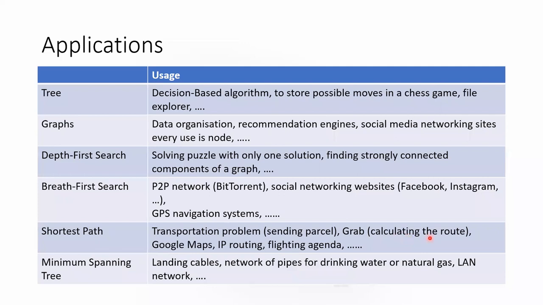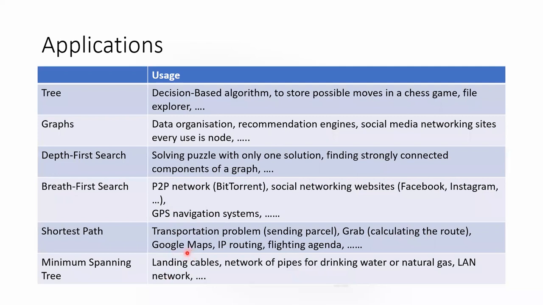The next one, Grab, calculating the routes. Because for every route, this distance to that distance is shortest, then that decides how much you would charge. Another one is Google Maps. As mentioned just now, for subways and travels, you can open Google Maps, key in from the source to the destination.